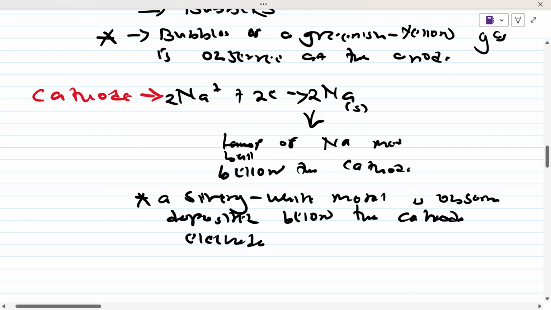This will be the observation made at the cathode because it is a solid lump that will be deposited below the cathode electrode, and that solid is silvery white based on the color of sodium metal. So that is the observation that will be made at the cathode.